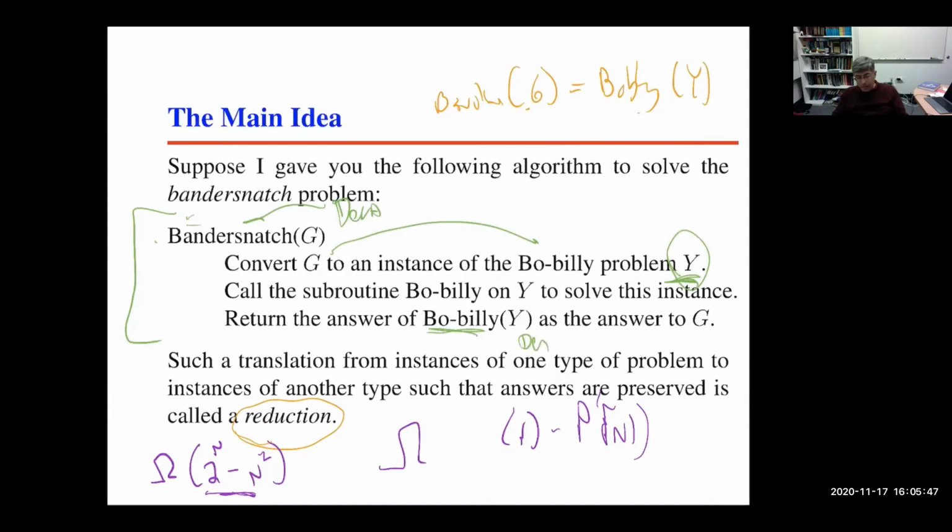And it did this translation, this conversion, in a very, very special way. So mobility of Y is equal to Bandersnatch of G.